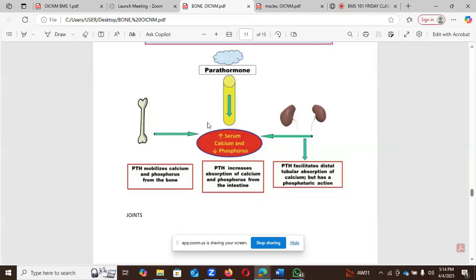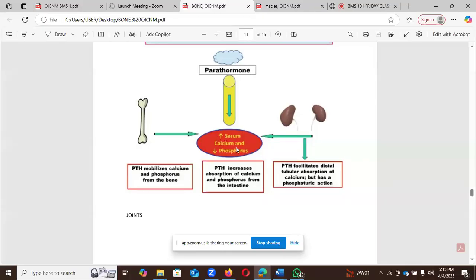And what hormone mobilizes phosphorus and calcium from bone? You have parathormone. This hormone is responsible for the regulation of calcium and phosphorus. Another hormone is called calcitonin, but the major hormone is parathormone. It is responsible for the regulation of calcium and phosphorus level in the blood.